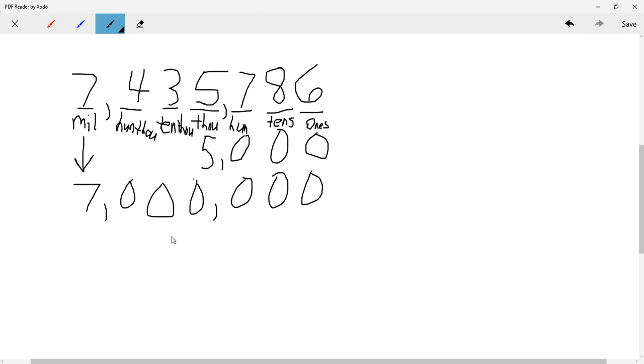I could do the same with the 3 in the 10,000s place, and that's worth 30,000. I just switched these 4 numbers to zeros and brought the 3 down. So that's what each of these numbers are worth.